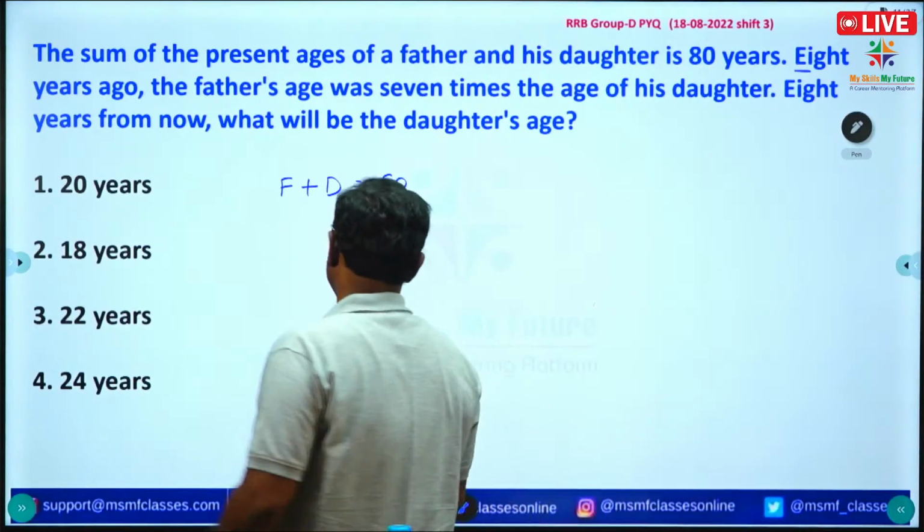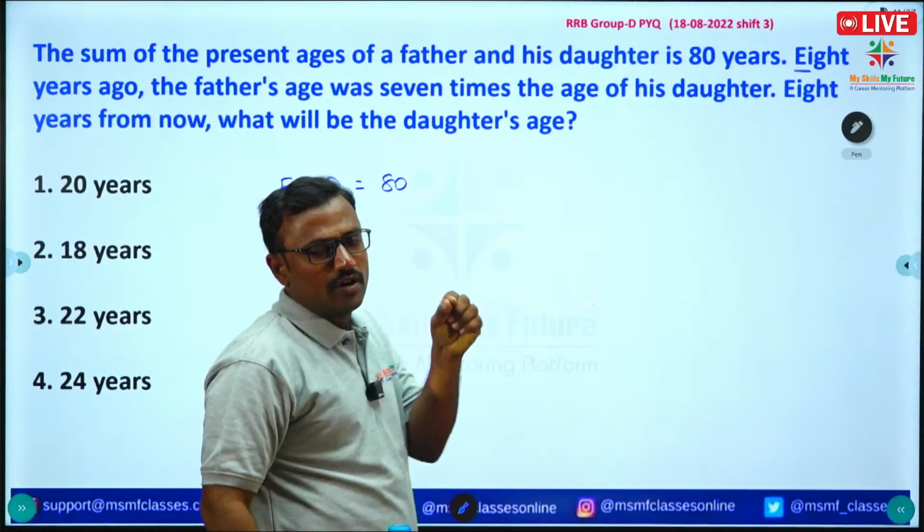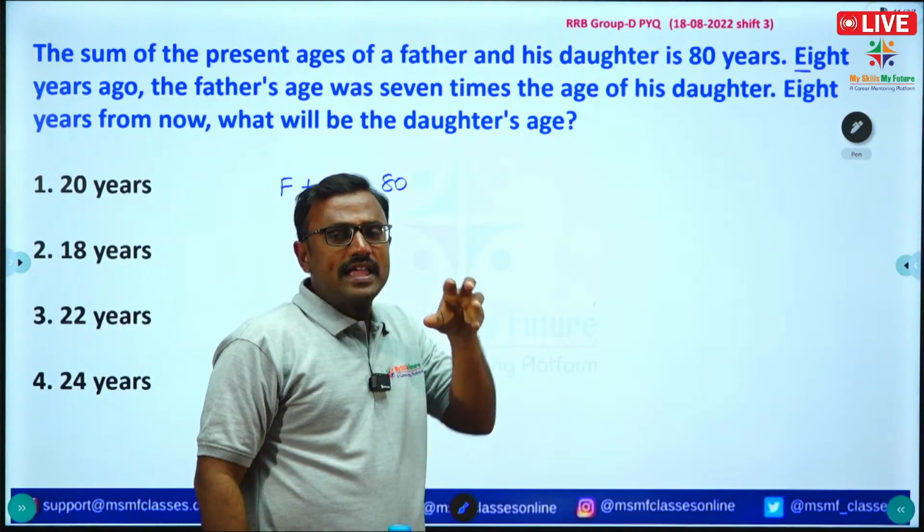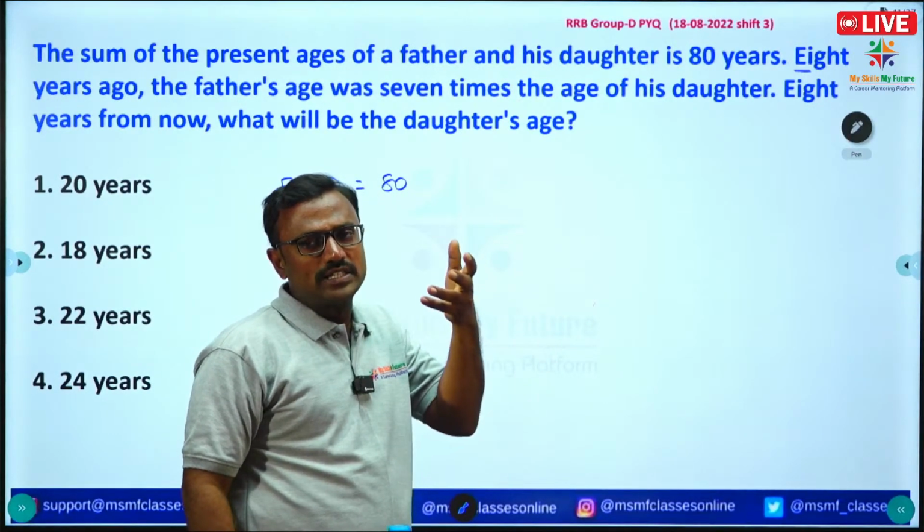So they have given the ages of father and daughter 8 years ago in the respective ratio.